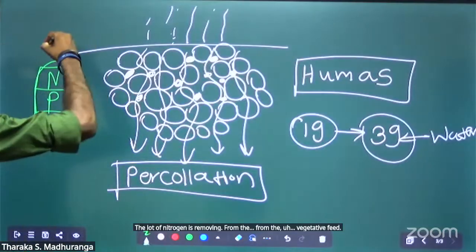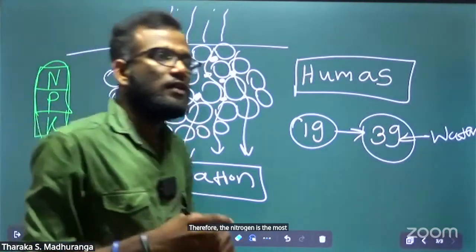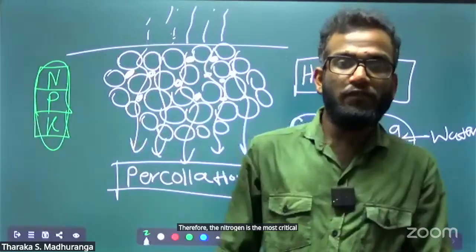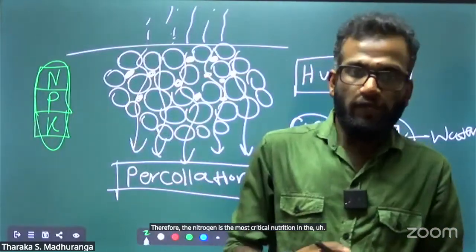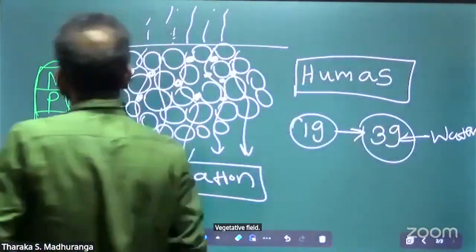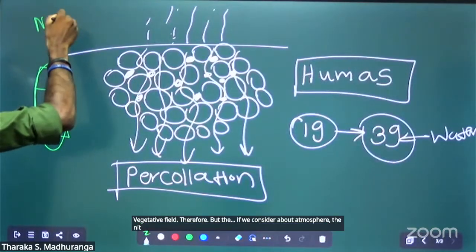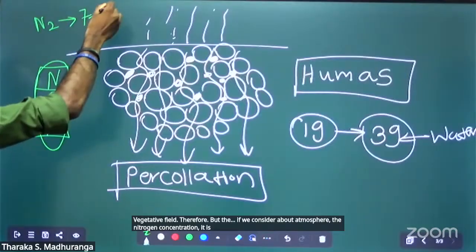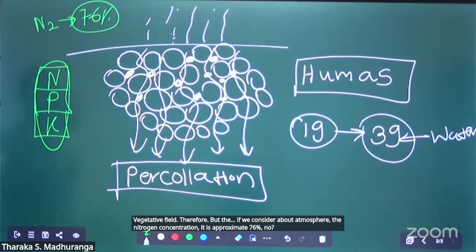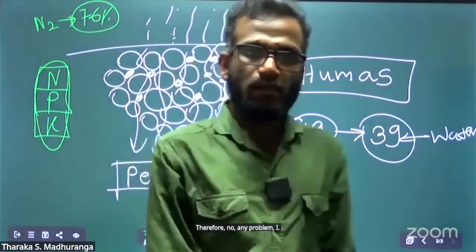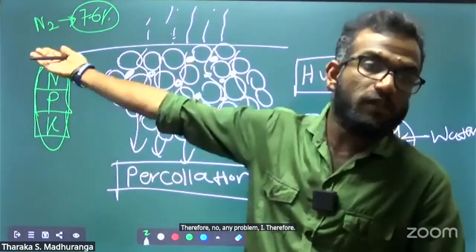Therefore, nitrogen is the most critical nutrient. But if we consider the atmosphere, the nitrogen concentration is approximately 76%. Therefore, there is no problem.